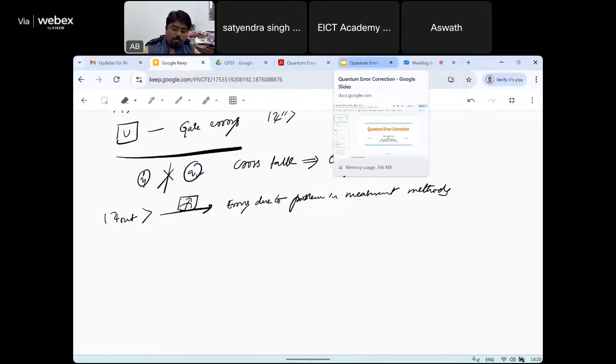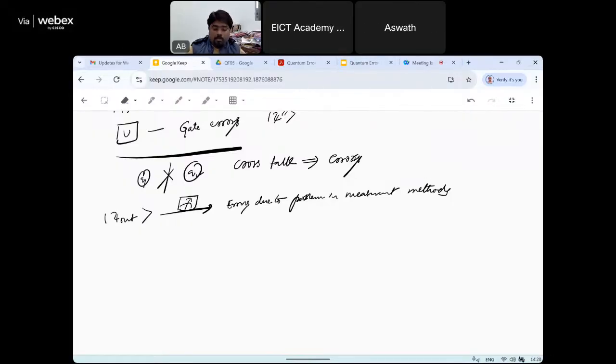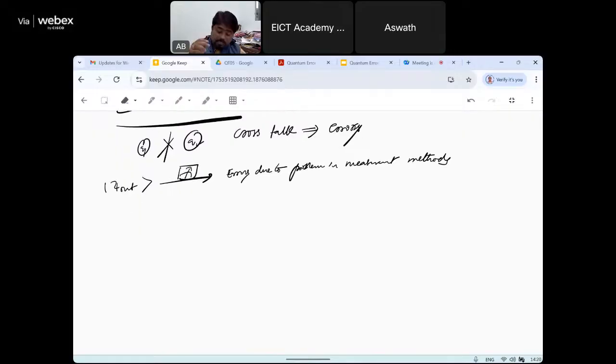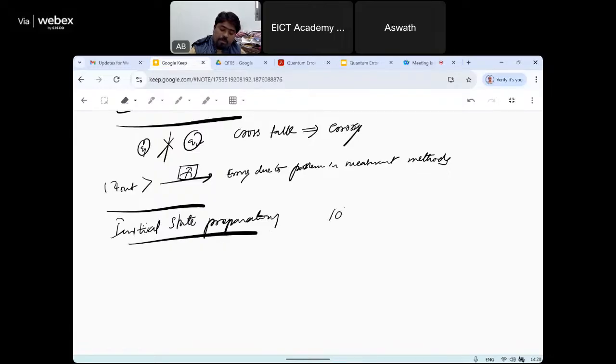Fine. Now I will write a little bit bigger. That is one of the errors, T1, T2 we just saw. And suppose I want to start the system in a particular ground state, the initial state preparation. I want to start qubit 1 in this, qubit 2 in this, and n qubits in this.